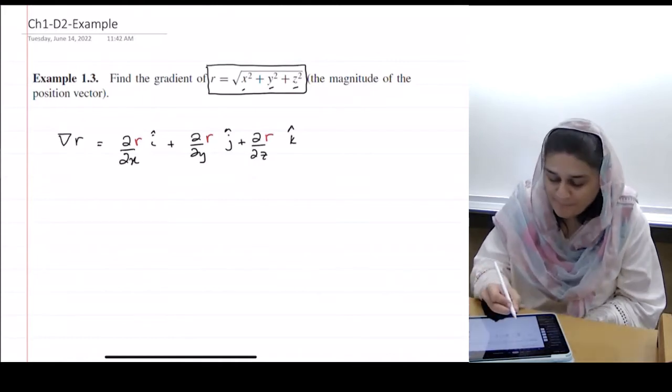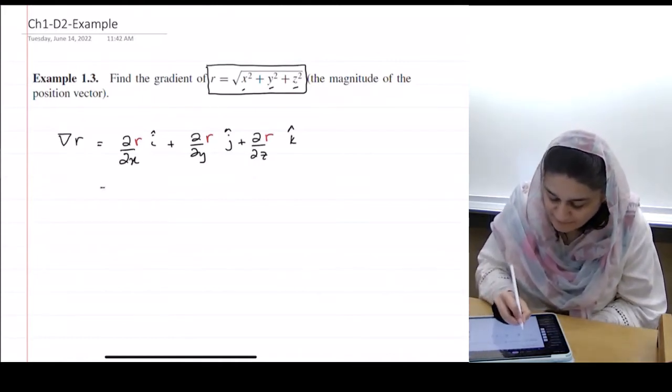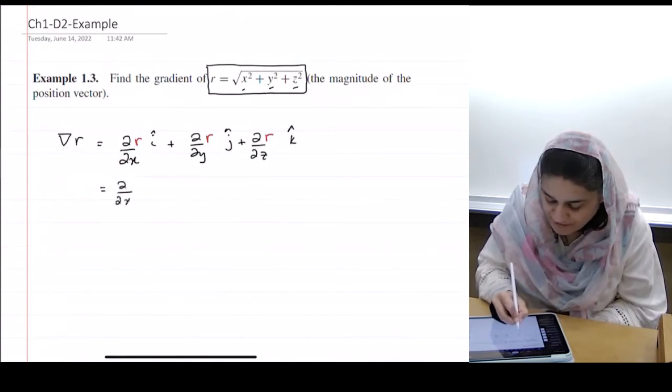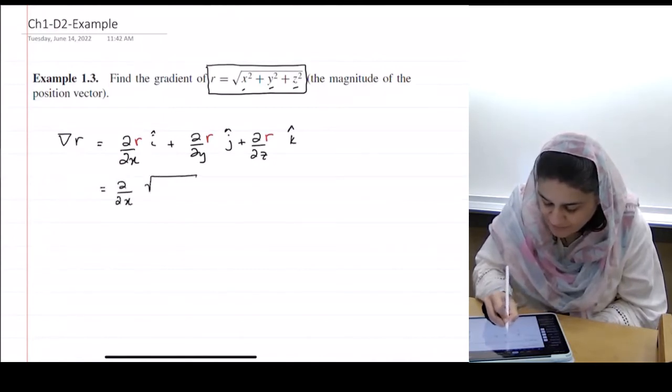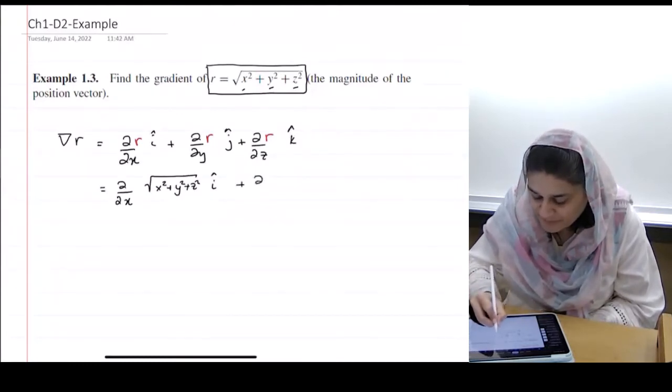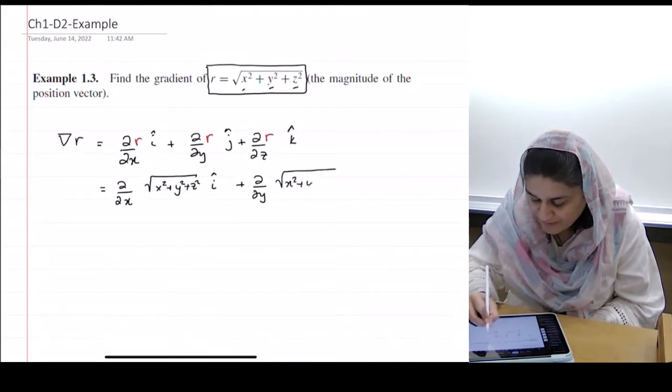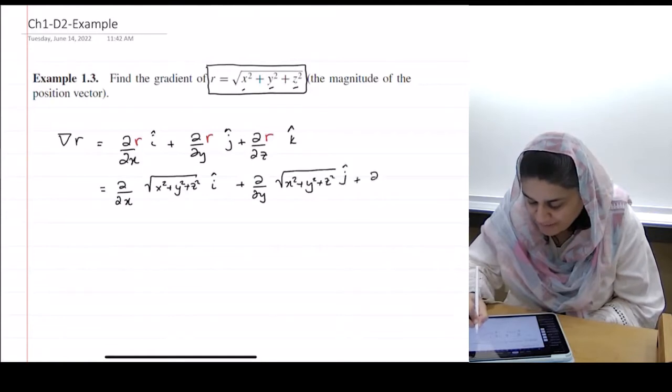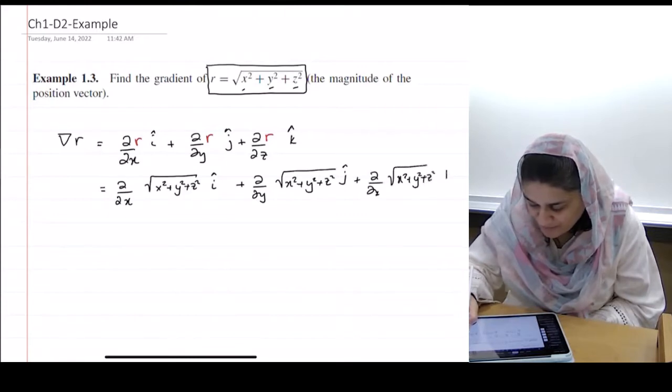Plug in r, it will become partial over partial x of the square root of x squared plus y squared plus z squared i hat, plus partial over partial y of the square root of x squared plus y squared plus z squared j hat, plus partial over partial z of the square root of x squared plus y squared plus z squared k hat.